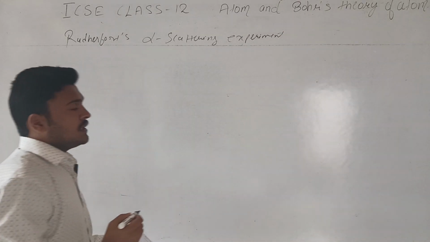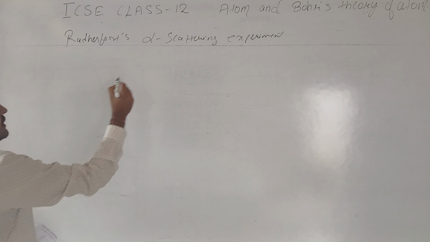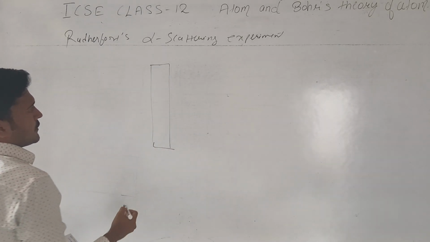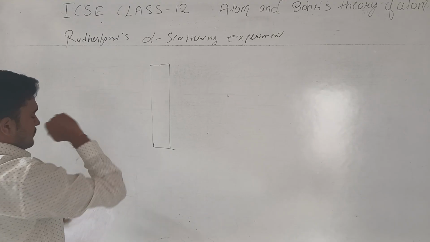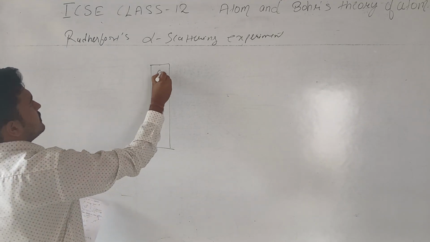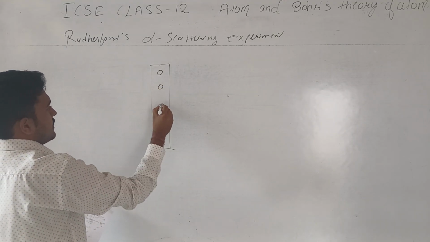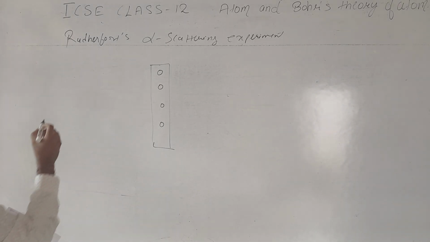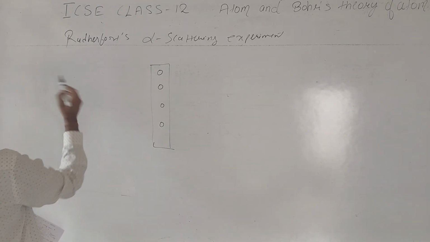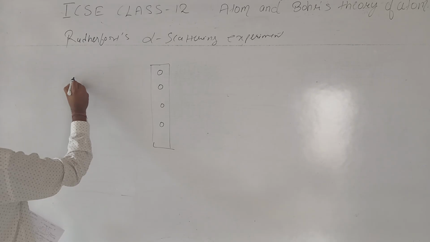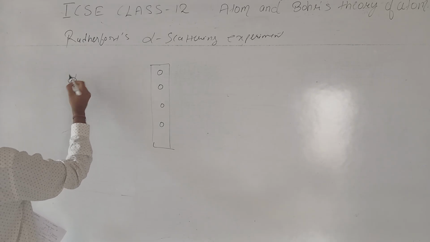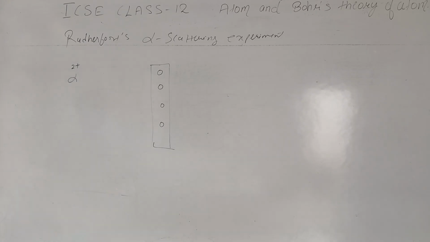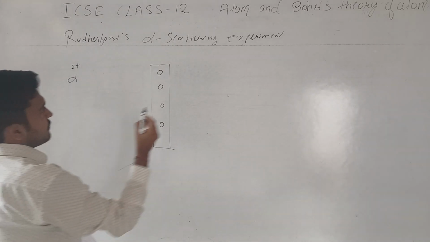So in Rutherford's alpha scattering experiment, there was a thin gold foil, which has, suppose these are the nuclei of the different atoms, and the alpha particle is a doubly ionized helium atom. So it is alpha, it is two protons, two positive charges.